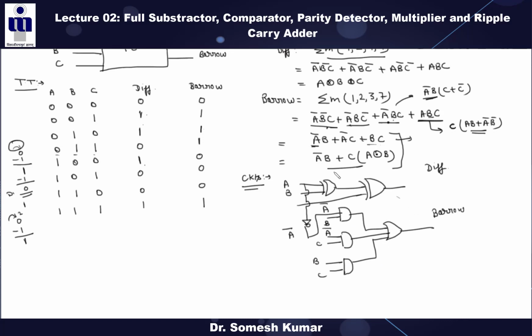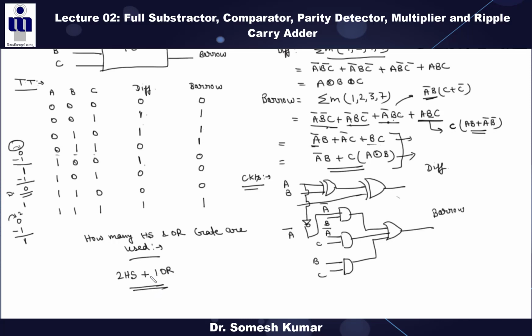Also you can use this expression, right? If you use this expression, can you tell me how many half subtractors and OR gates are used to design the full subtractor? Two half subtractors, similar to the full adder, and one OR gate, right?